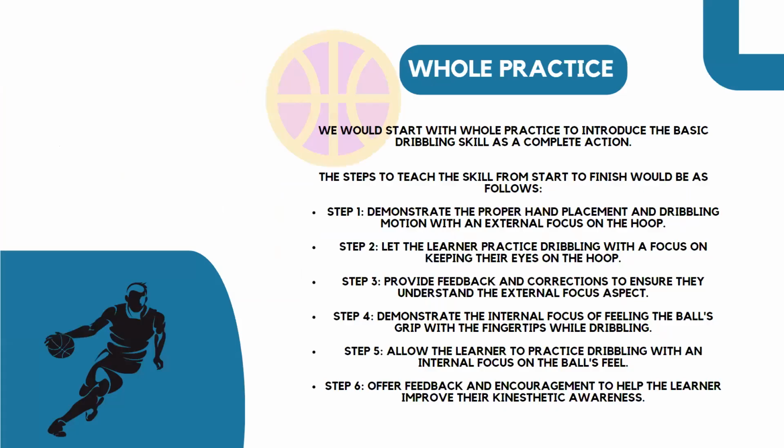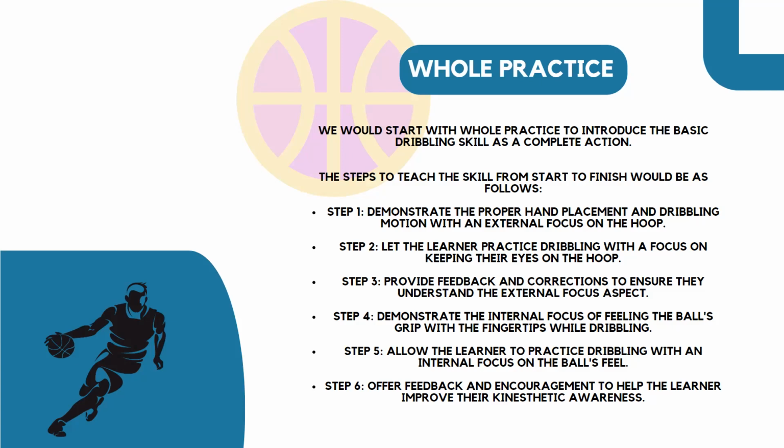Again, very, very important. So this is just the step-by-step guide for the whole practice: demonstrating the proper hand placement, letting the learner practice dribbling with a focus on keeping their eyes on the hoop or just keeping their eyes up in general, providing feedback and correction to make sure they understand the external focus aspect of it, demonstrating the internal focus by feeling the ball, feeling the grip, allowing the learner to practice dribbling with an internal focus on the ball's feel.